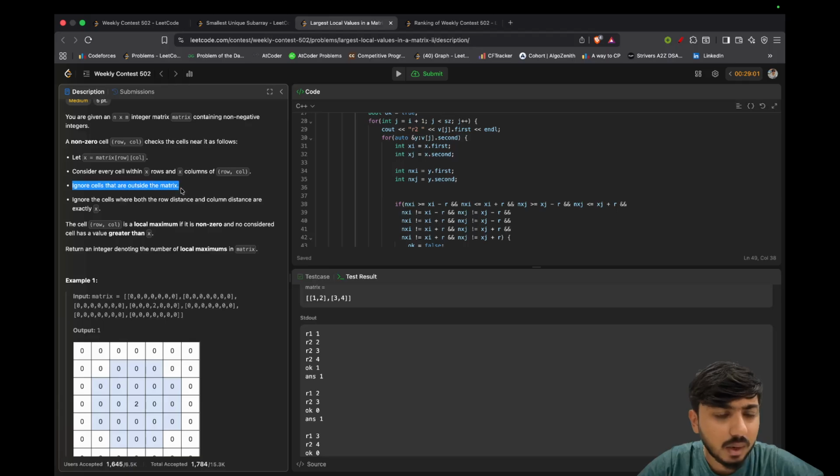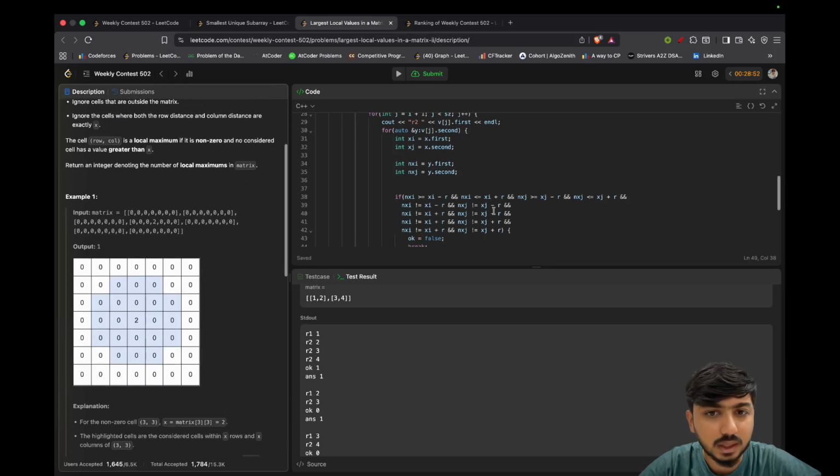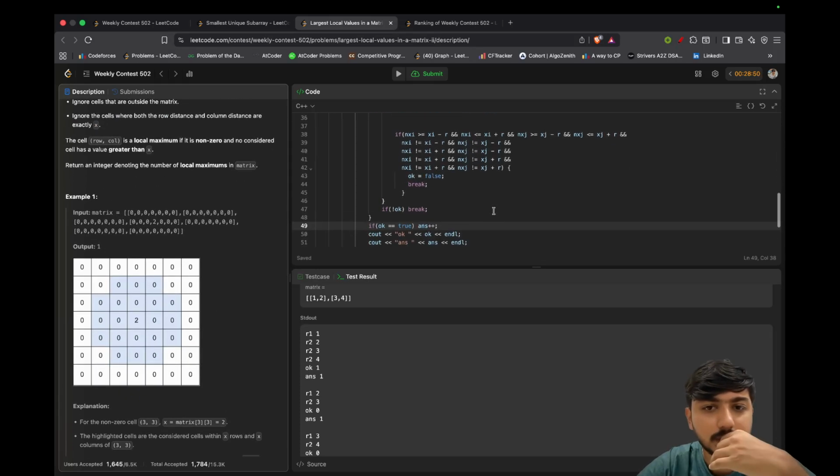Ignore cells that are outside the matrix. Ignore the cell where both rows and distance column are exactly x.